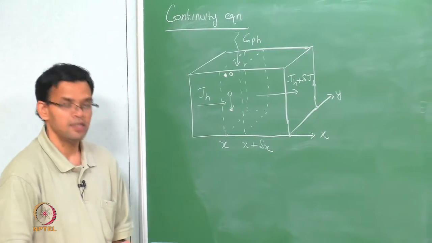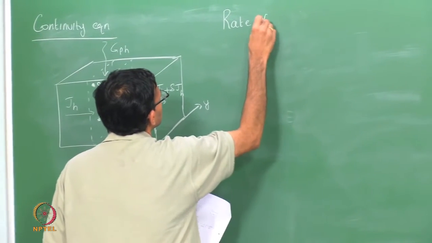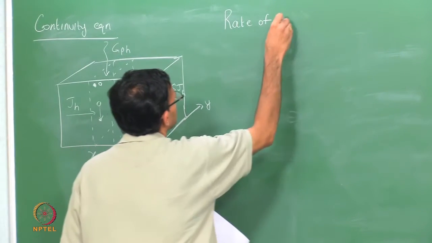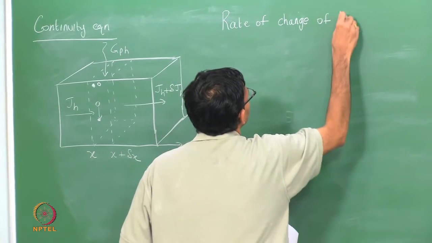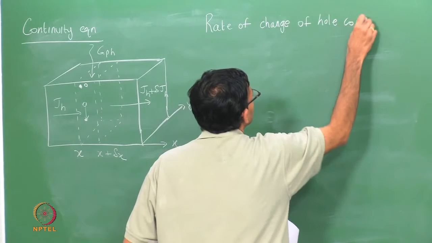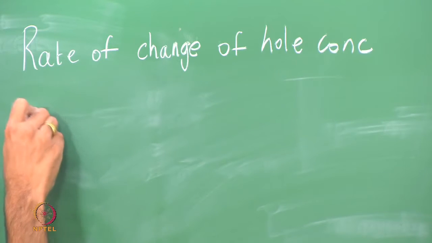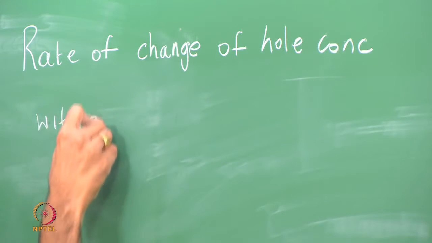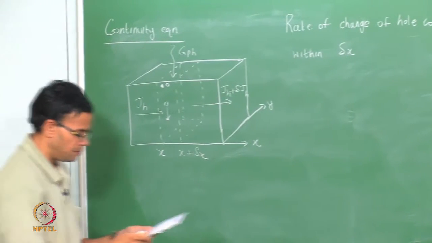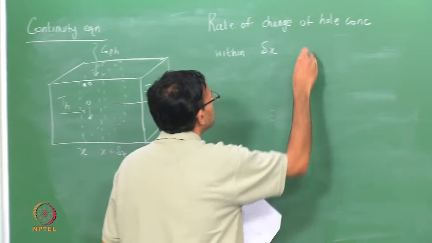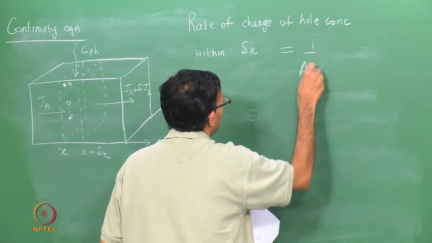So, in this particular case, the rate of change of hole concentration within this portion delta x. So, rate of change of hole concentration within delta x. So, delta x is a small region of the slab, is nothing but 1 over A delta x.